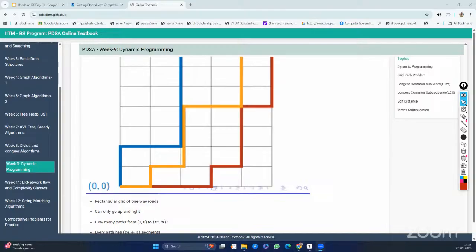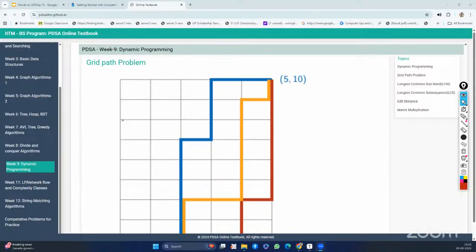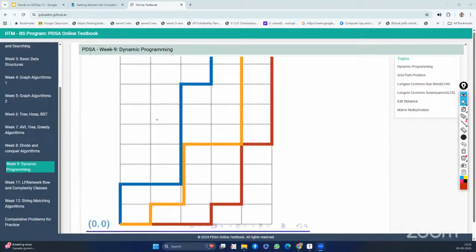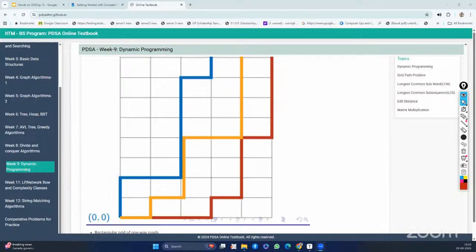Now you can see this is a grid type of structure, and we are using the border lines as a road, a path. This is the starting point, 0 0, and each side has 0 1 2 3 4, and this side also 0 1 2 3 4 5.